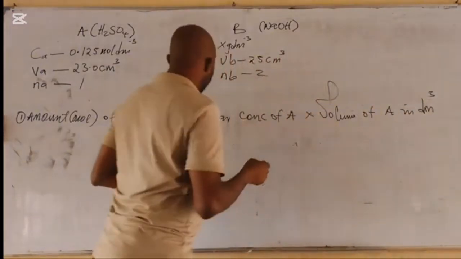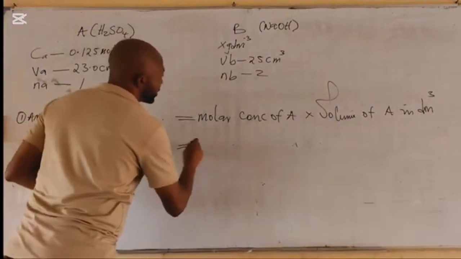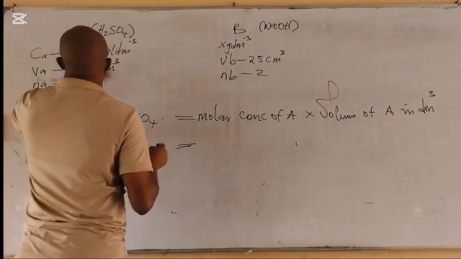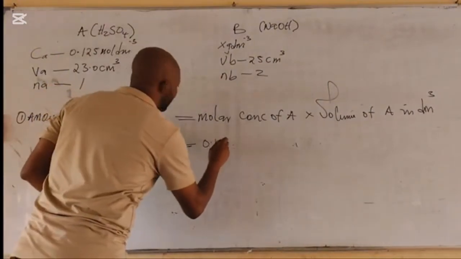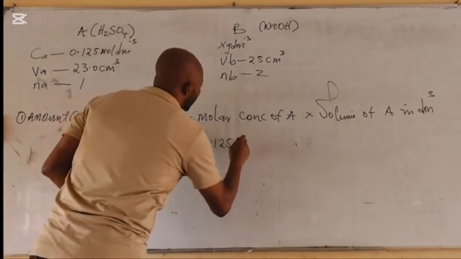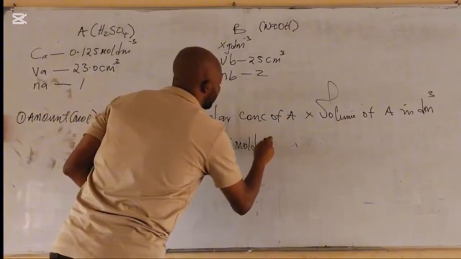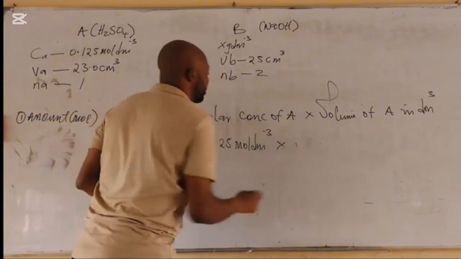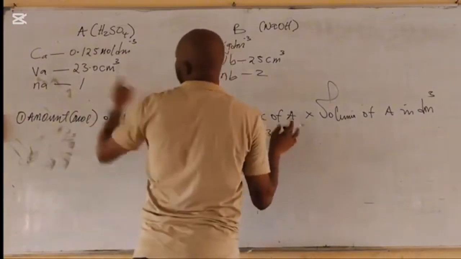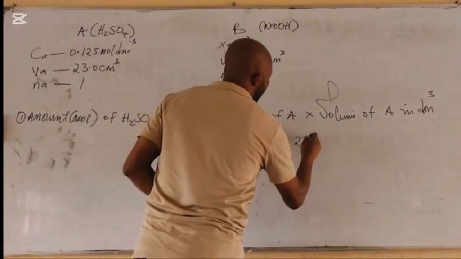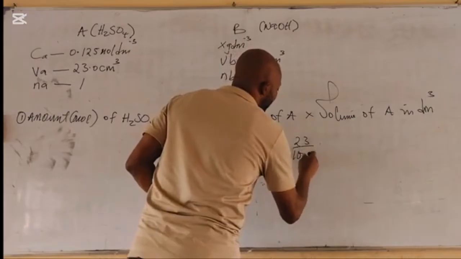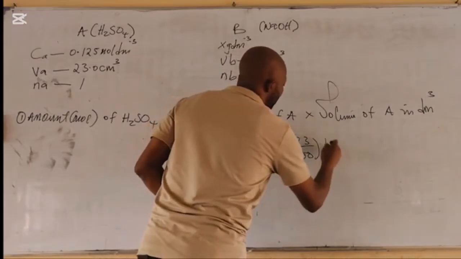The volume is always in dm cube. So the molar conc of A is 0.125 mole per dm cube times the volume, 23 over 1000 dm cube.